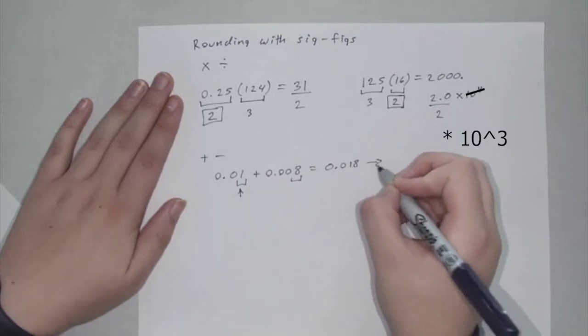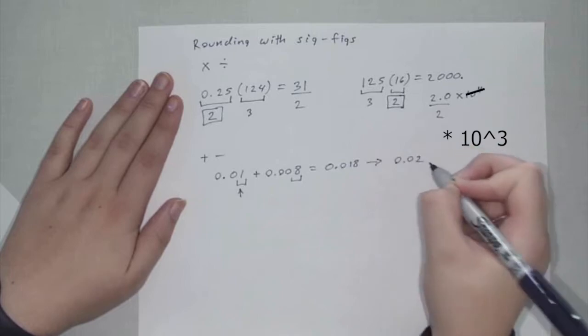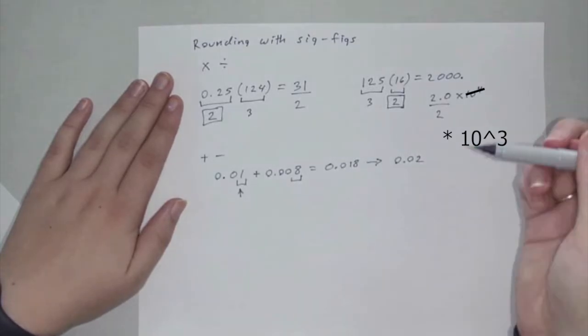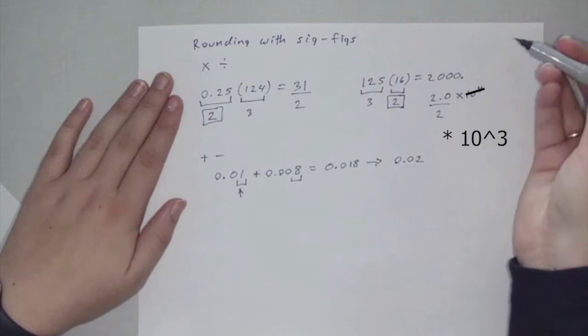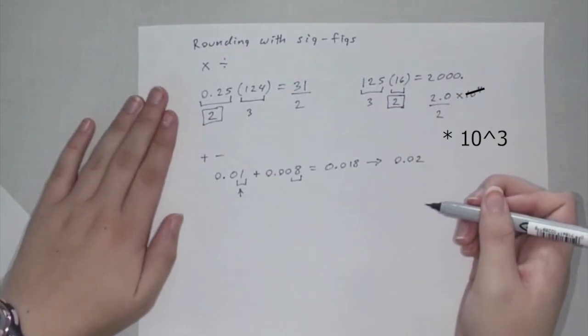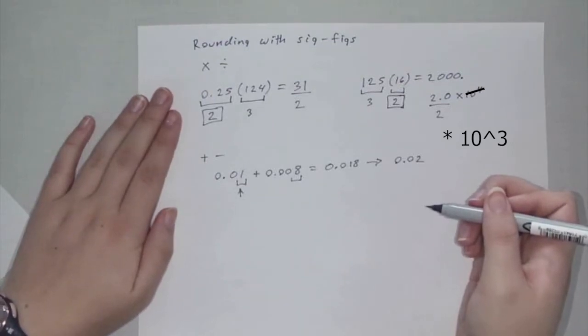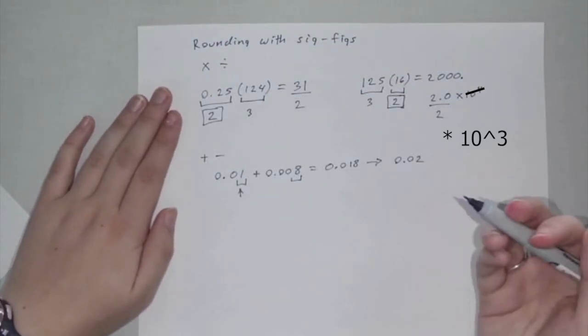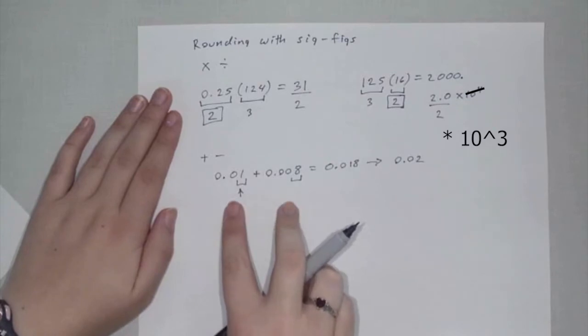So this then rounds to 0.02. So unlike multiplication and division, addition and subtraction doesn't necessarily have to do with the exact number of significant figures, but it has to do with the level of precision between the two numbers that you're looking at.